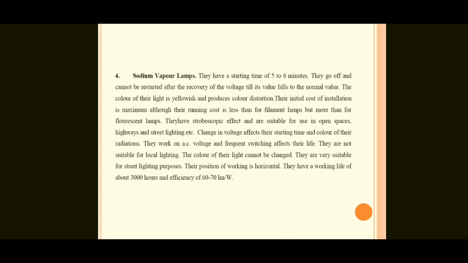So they have stroboscopic effect and are suitable for use in open spaces, highways and street lighting, etc. The change in voltage affects their starting time and color of their radiations. They work on AC voltage and frequent switching affects their life.